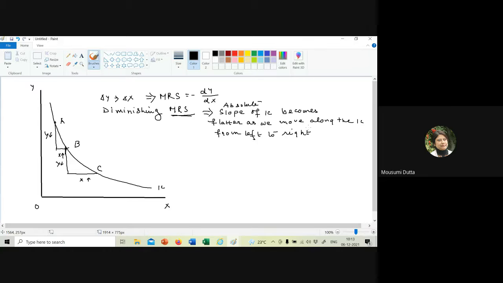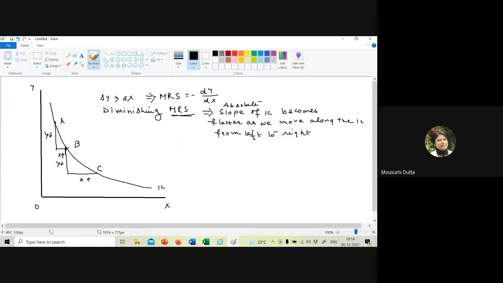Diminishing MRS, diminishing marginal rate of substitution, in turn indicates the absolute slope of the IC becomes flatter as we move along the IC from left to right.